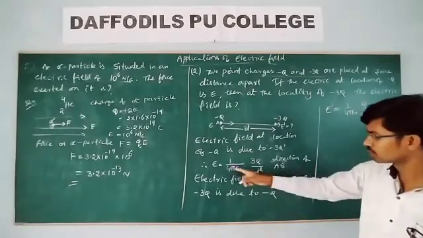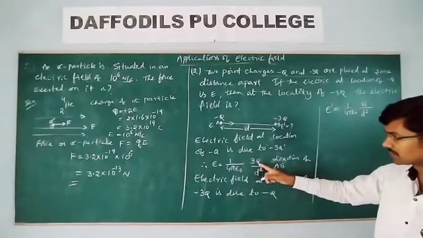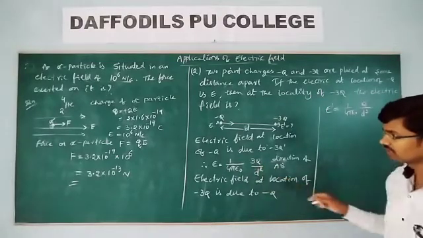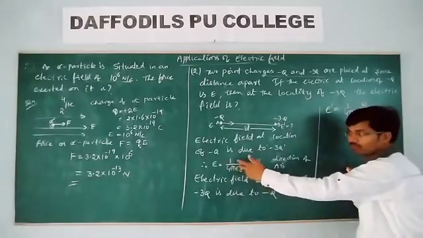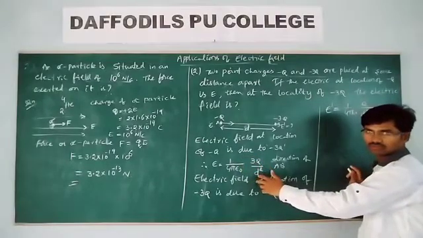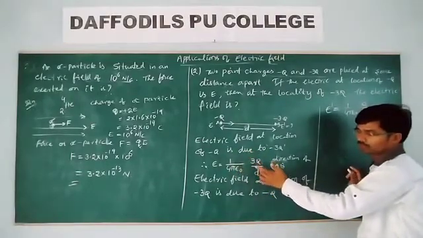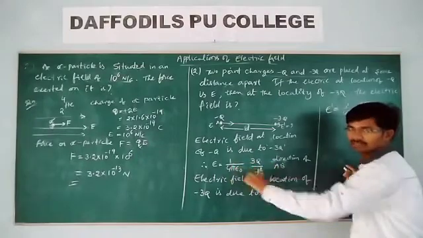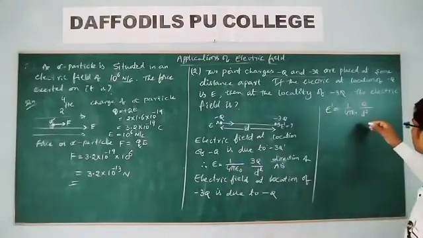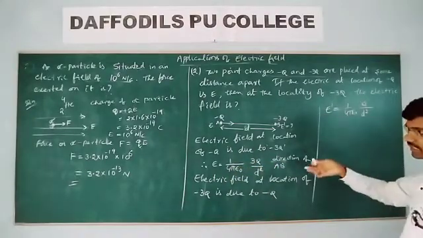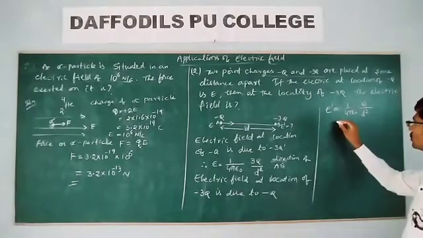But remember, E is equal to 1 by 4 pi epsilon naught 3Q by d square. From this, what is the value of 1 by 4 pi epsilon naught Q by d square? It is E by 3.